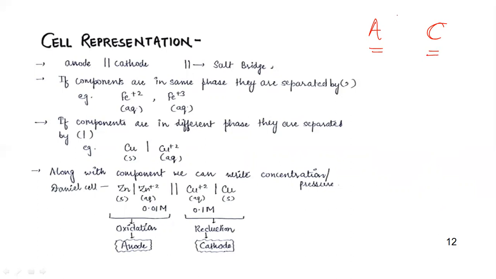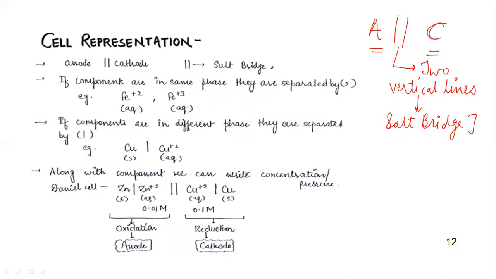The salt bridge is represented by two vertical lines. These two vertical lines represent the salt bridge.